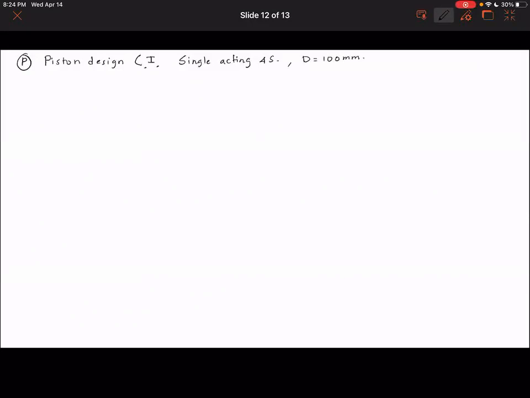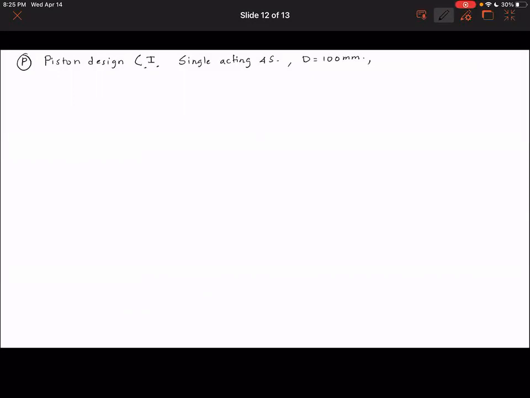So what could happen is, it could be a complete design. So you will first design the cylinder, then design the piston, and so on. Or it could be that they have designed the piston and they have designed the cylinder, and now you want to design the piston for the cylinder.